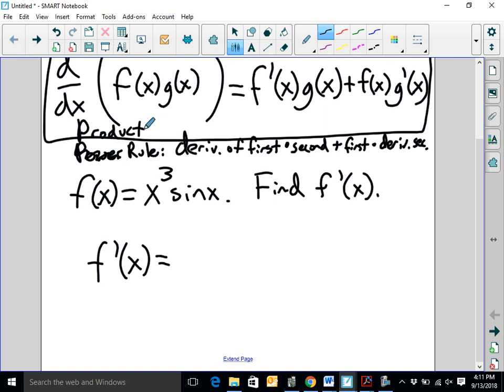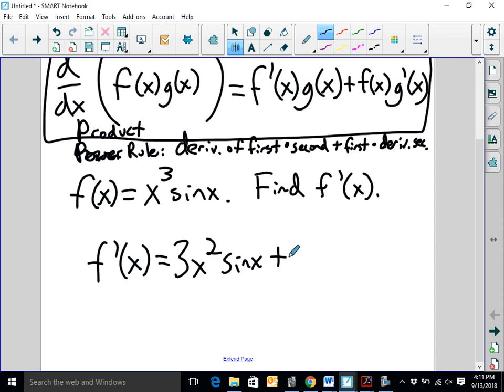So I do the derivative of the first, and now I need to multiply by the second. Notice it's just the regular second, just g of x in our equation. The second function is sine of x. So this thing starts off 3x squared times sine of x. So we did f prime g, we did the derivative of the first times the second.